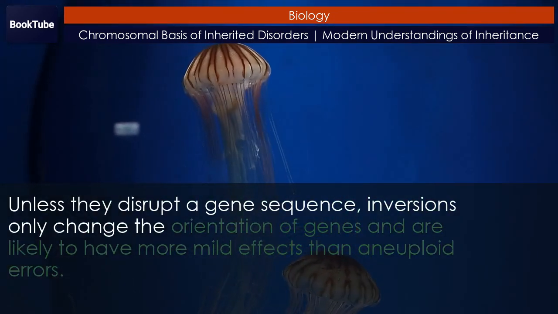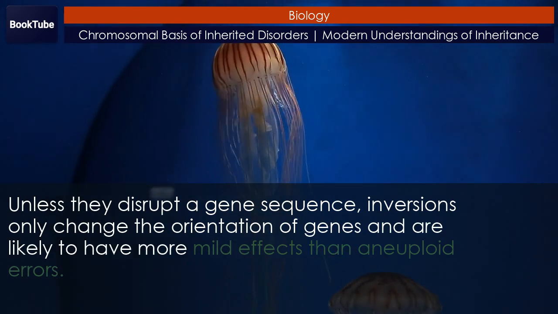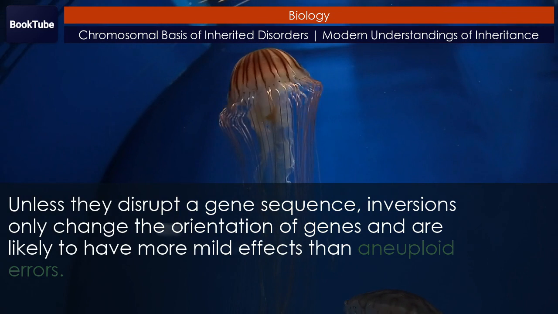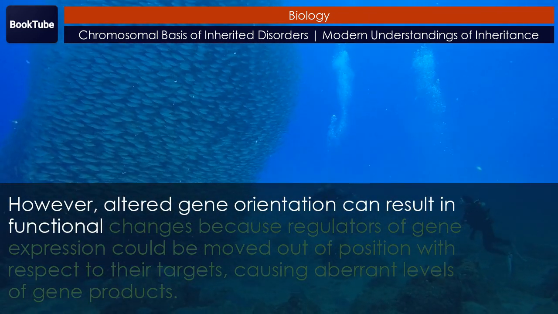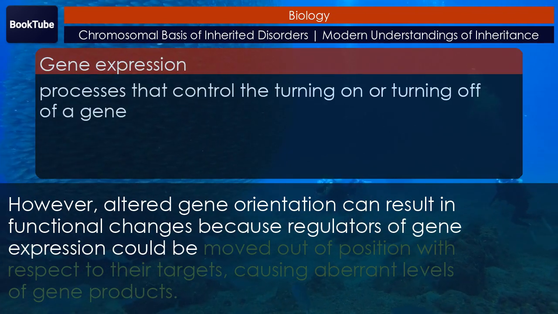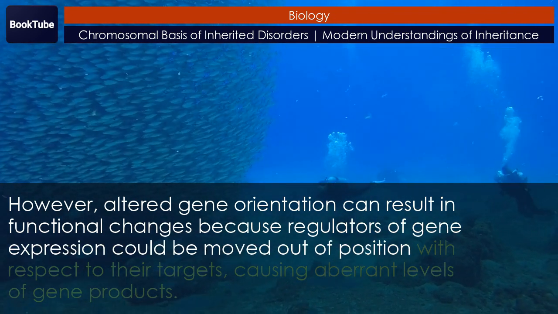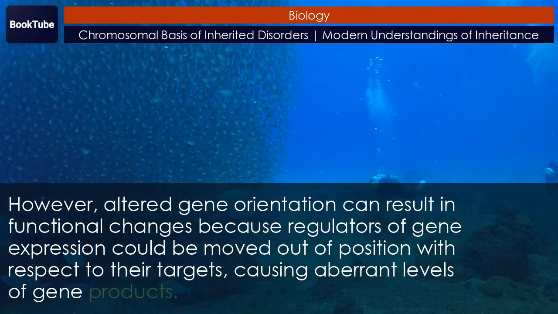Inversions only change the orientation of genes and are likely to have more mild effects than aneuploid errors. However, altered gene orientation can result in functional changes because regulators of gene expression could be moved out of position with respect to their targets, causing aberrant levels of gene products.